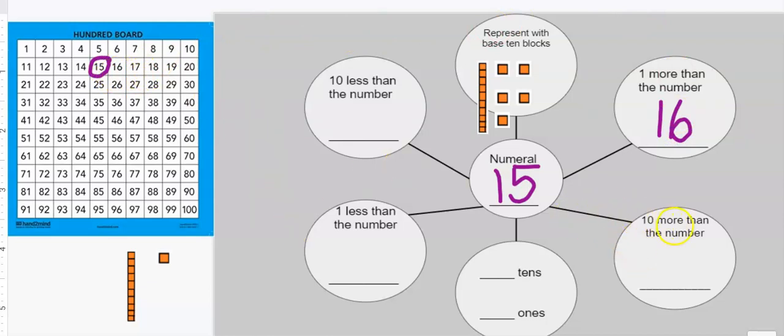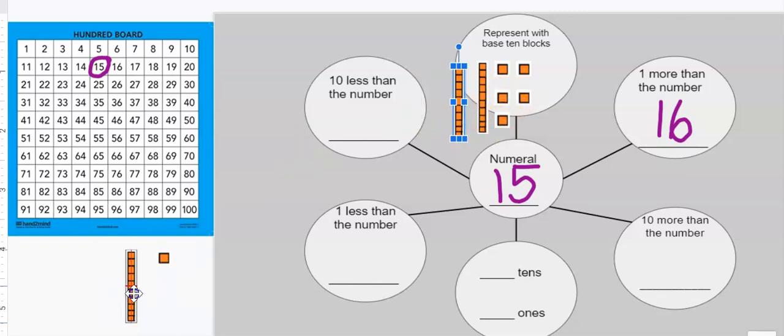Okay, now the next one is 10 more than the number 15. And so we'll look back here at the 100 board too. So if we were to add 10 more to this, how much would we have? Let's count. 10, 20, 21, 22, 23, 24, 25.